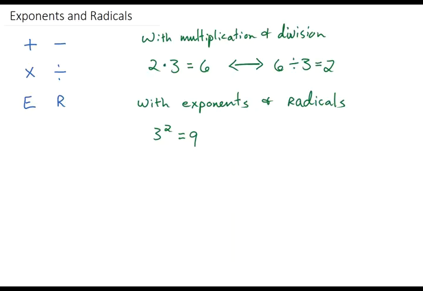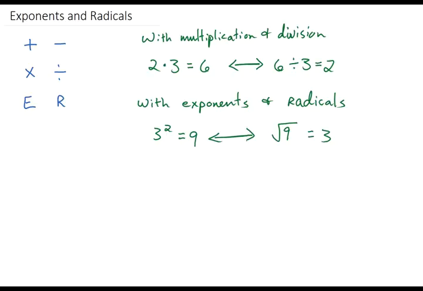And then the radicals are going to undo that. In other words, they're going to start with the 9 and get us back to the 3. Start with what we ended with and get us back to what we started with before we applied an exponent. So with that, we have that if 3 squared equals 9, then the square root of 9 equals 3.